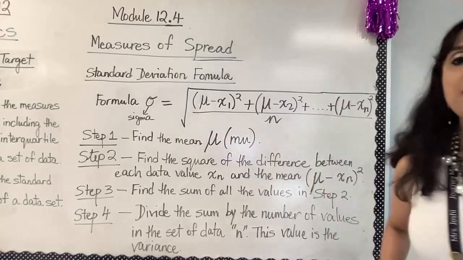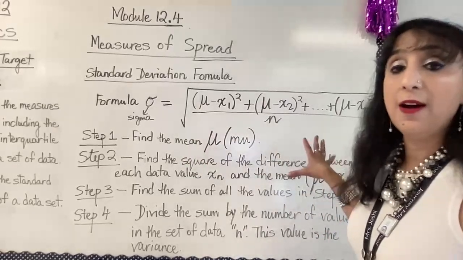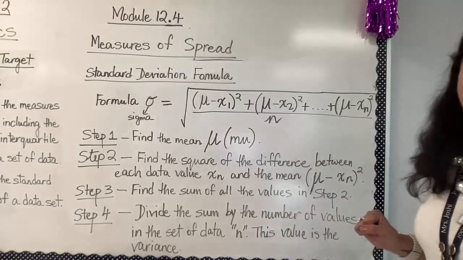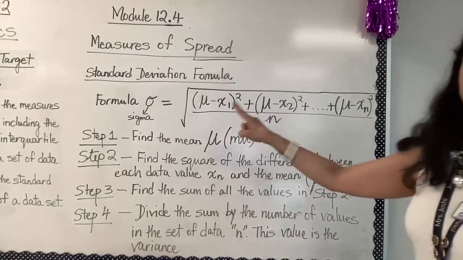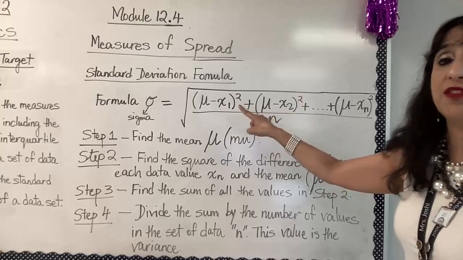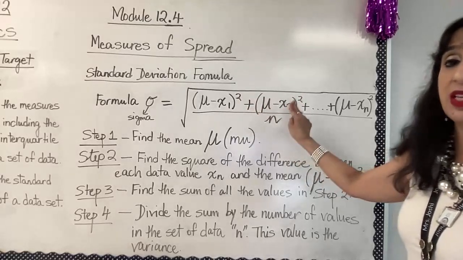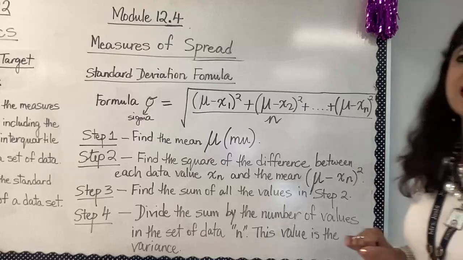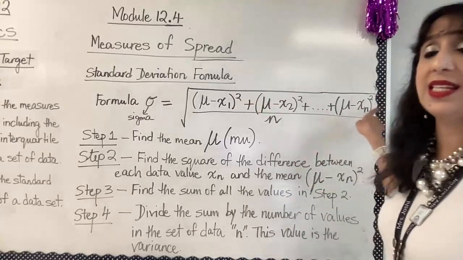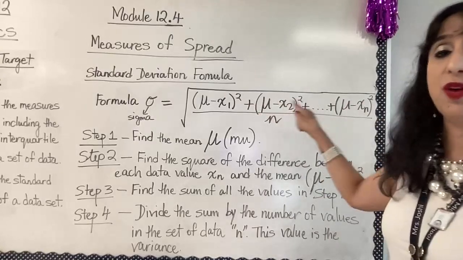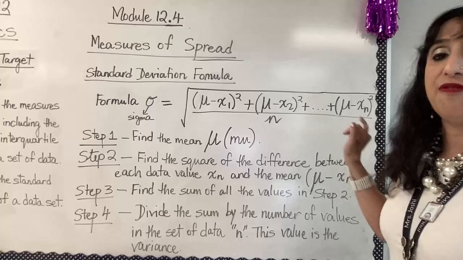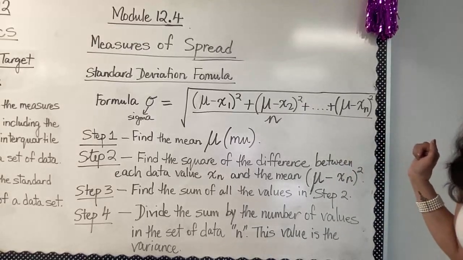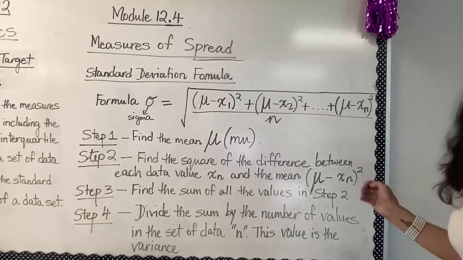Okay, the next step is we find the square of the difference between each data value, x sub n, and the mean. So look, we are finding the square of the difference. This is how far this one is, this is how far this one is, and we are squaring it. And then we find the sum of all the values in step 2. We add it up, and we divide the sum by the number of values in the set of data, n, and then this value is the variance.